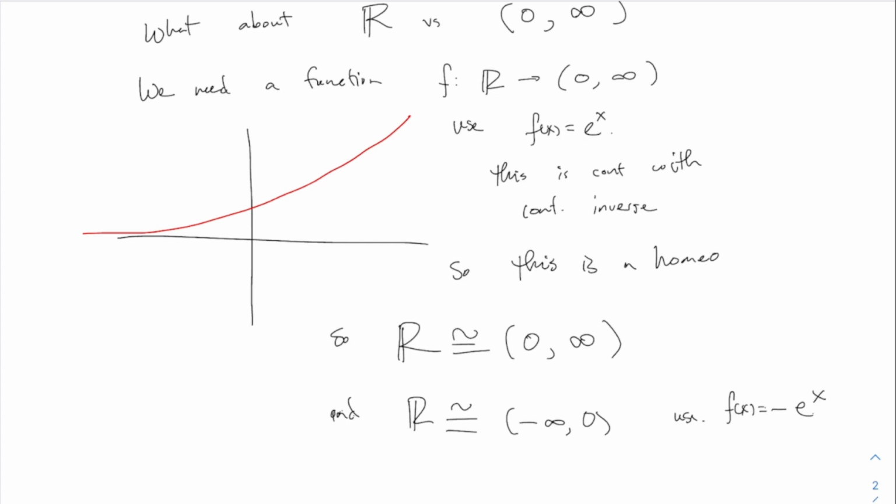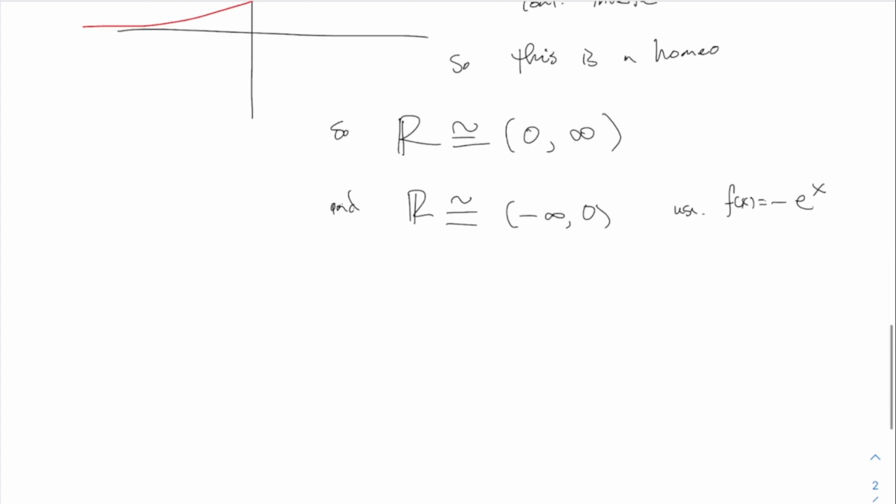Of course, you don't have to start at 0 here. If you wanted 1 to infinity, you would use e to the x plus 1. That shifts the entire graph up by 1. So really, R is topologically equivalent to any open unbounded interval like that.